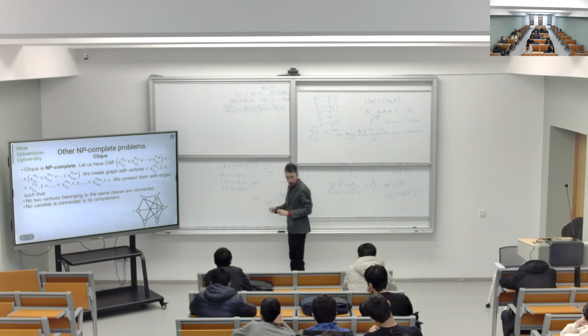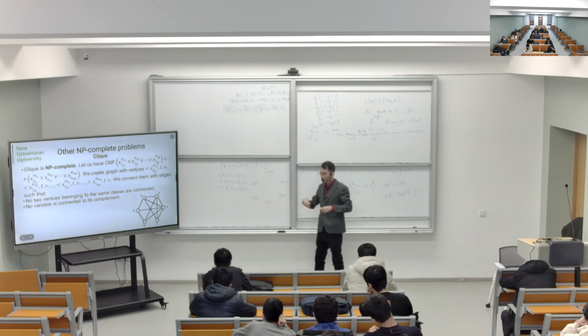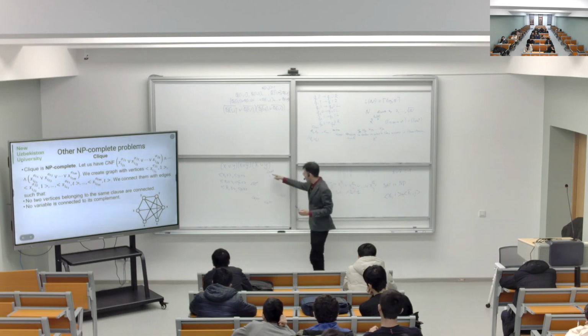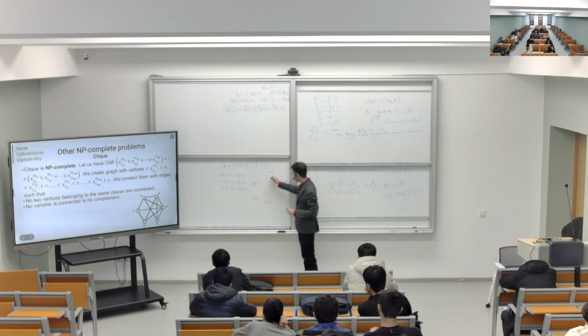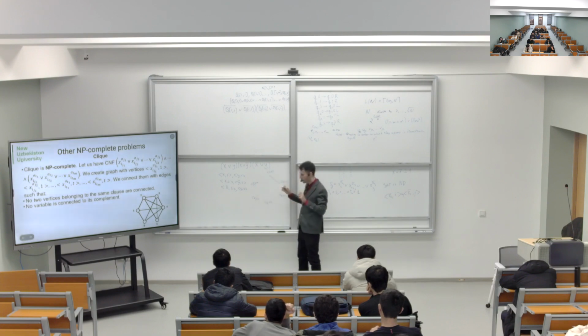Yes? So now I can connect them according to my rules. I will not connect 1 to 1. I cannot do this. X and x are the same, so I can connect them, and they are from different clauses. So I cannot connect not x to any of them, because here I have not x and here I have x. I cannot connect them.